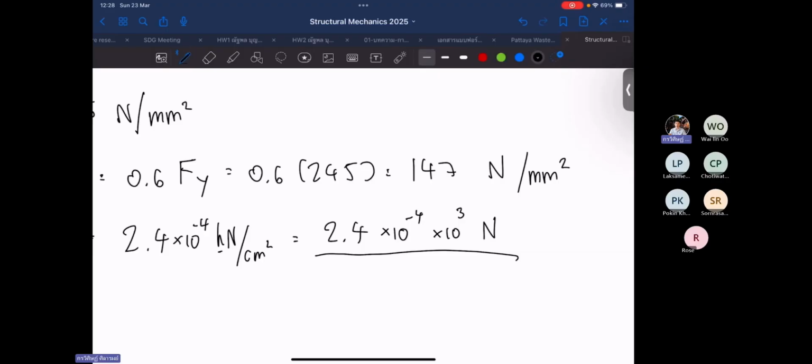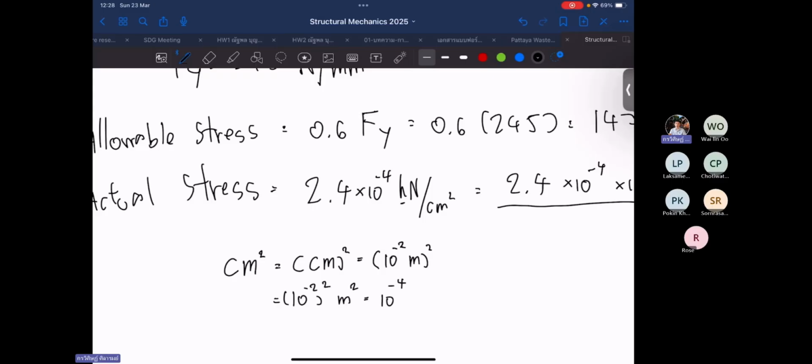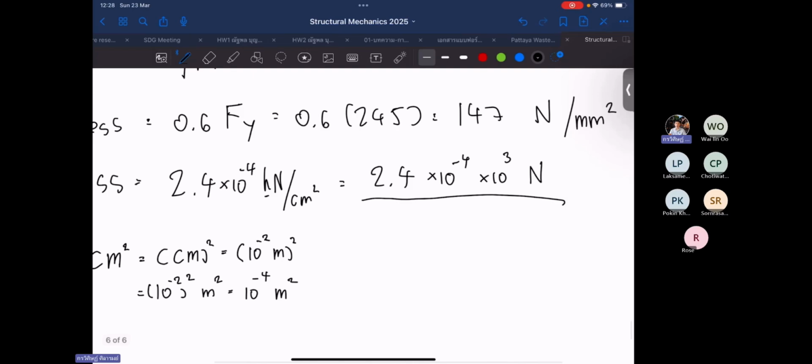Let me write it down here. So centimeter square is actually centimeter square. Okay, so centi is 10 power minus 2 meter, squared. Like this. So it's equal to 10 power minus 4 meter square.